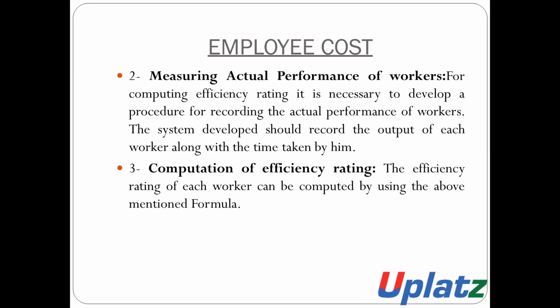Number two, measuring the actual performance of the worker for calculating the efficiency rating. The second procedure is measuring the actual performance of the worker. For computing the efficiency rating, it is necessary to develop a procedure for recording the actual performance of the worker.